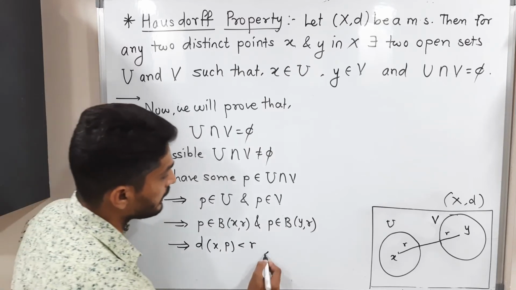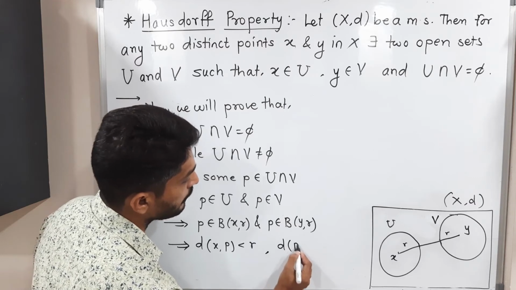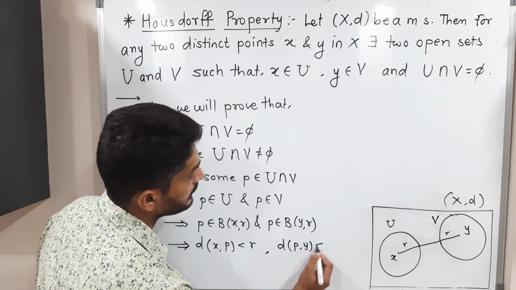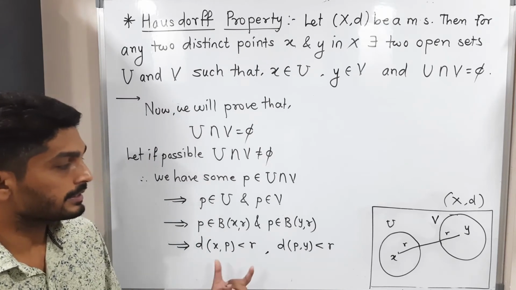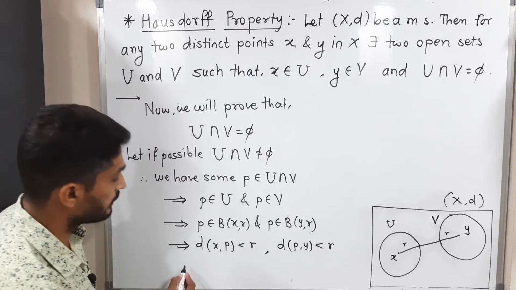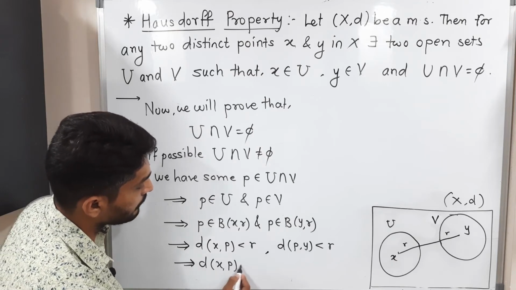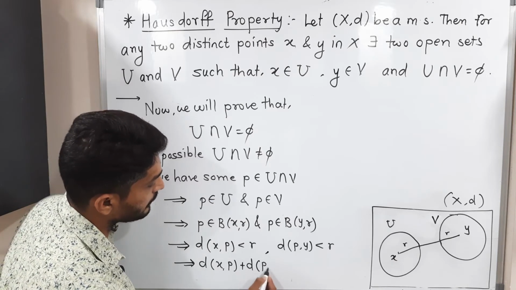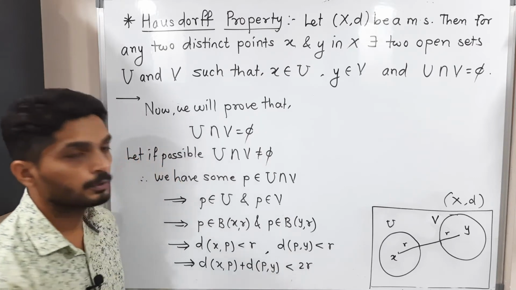Similarly, p lies in the other ball, so the distance of p from the center of that ball is less than its radius. Let us add these two. On the left-hand side, d(x,p) plus d(p,y) is less than r plus r, which we can write as 2r.